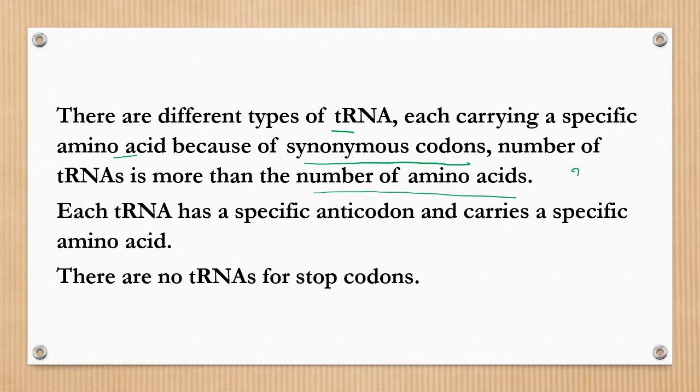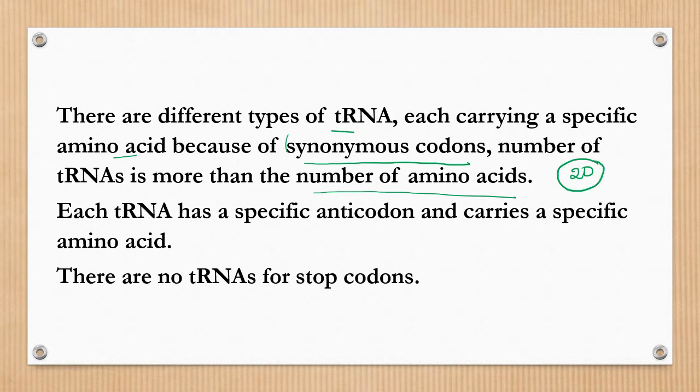The number of amino acids is 20. We have already studied that the genetic code is degenerate. That means one amino acid is represented by more than one triplet codon, which is called degeneracy. So because of synonymous codons, the number of tRNAs is more than the number of amino acids.